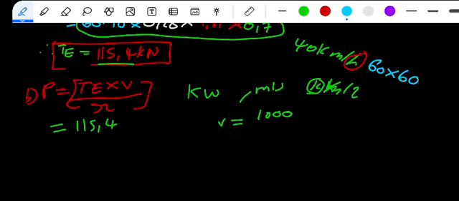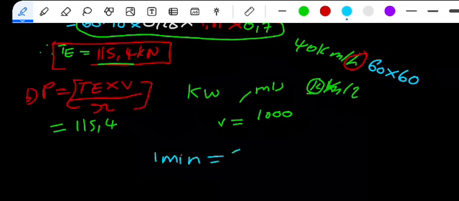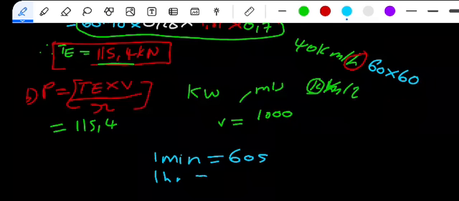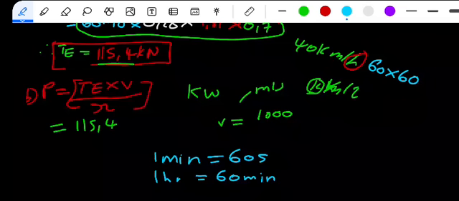Remember, in 1 minute you will have 60 seconds. Are we together? In 1 hour, we have 60 minutes. So you see, you can convert now.